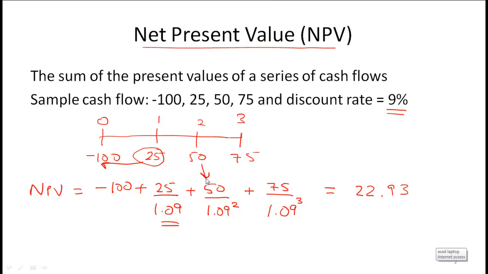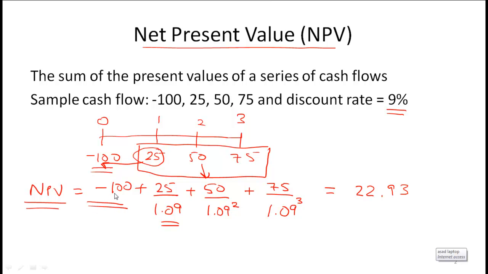What does net present value tell you? It tells you that essentially the present value of these future cash flows is more than the cost that you incurred of minus 100. And we use the term net present value because you are netting out the initial cost of minus 100.